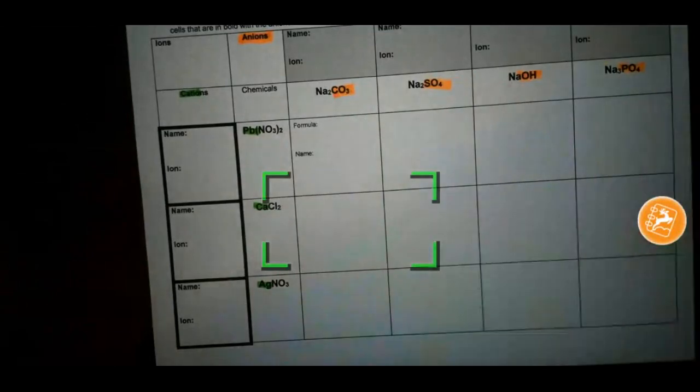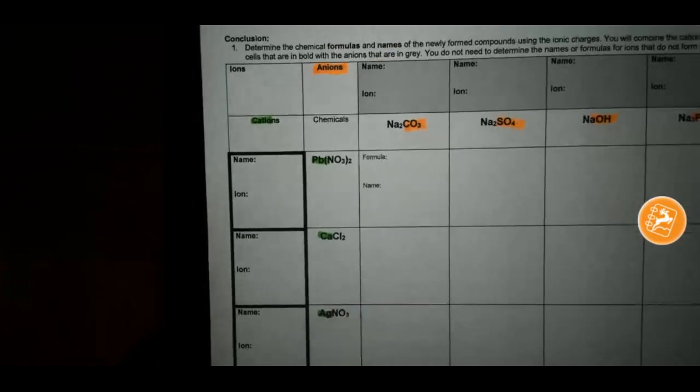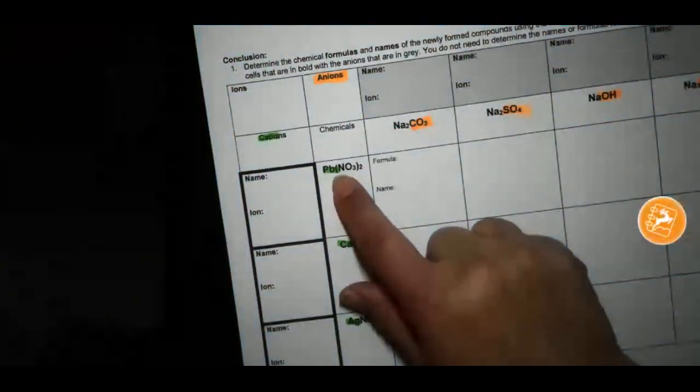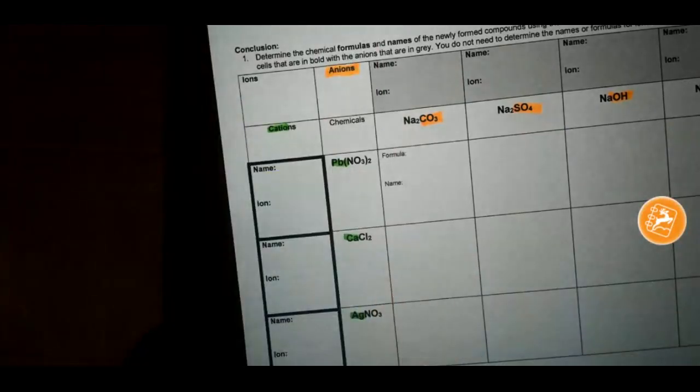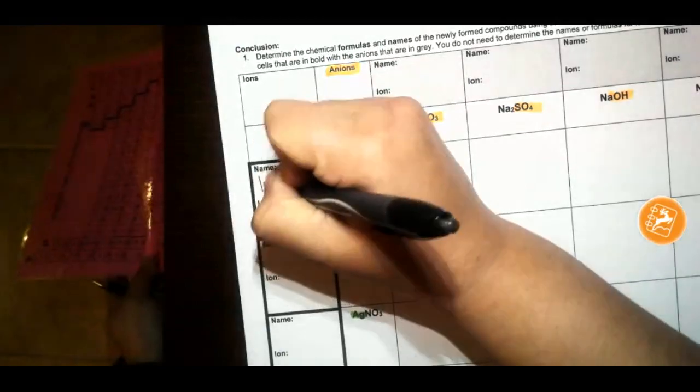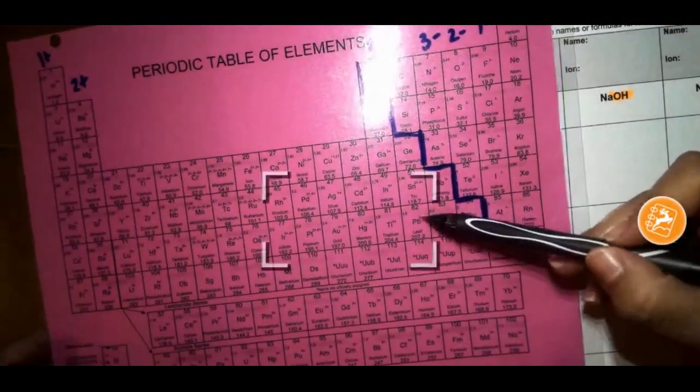So now I'm looking at my periodic table and my ion sheet if I don't know them, right? So here I have my lead. And so I'm going to record that the name of that is lead. But if I look at lead on the periodic table, it can be 2+ or 4+. So which one is it?